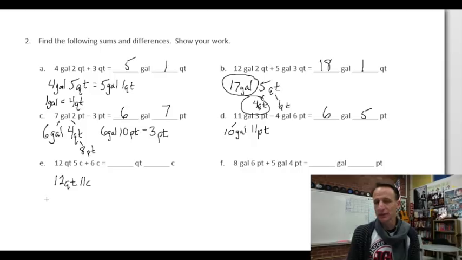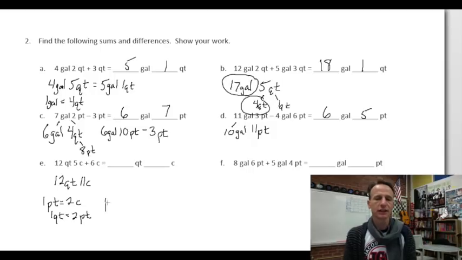We have to do the intermediate step of pint. So 1 pint is 2 cups. Okay? And then 1 quart, because we're dealing with quarts here, is 2 pints. And so what this is going to look like is, let's say here's a quart. It's made up of 2 pints.